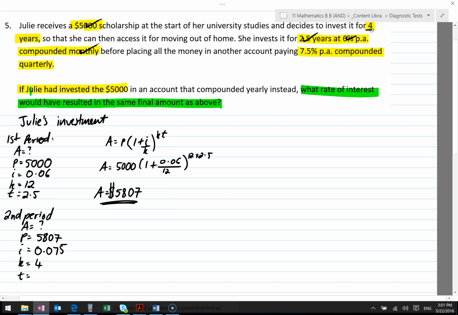Well, 4 years total. She's already used 2.5 years, so 4 minus 2.5 equals 1.5 years. So I've used the 7.5%, I've used the compounding quarterly. From here I need to find how much she'll have at the end of this extra 1.5 years, using again my compound interest formula, and just substituting in all these values.